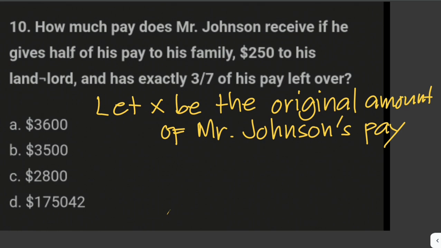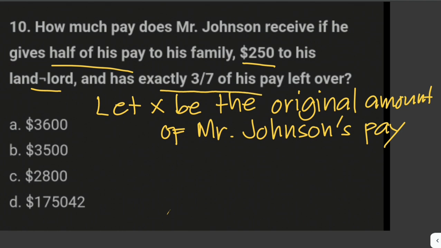And it says here he gives half of his pay to his family, then $250 to his landlord, and after giving those, he's left with exactly 3/7 of his pay.